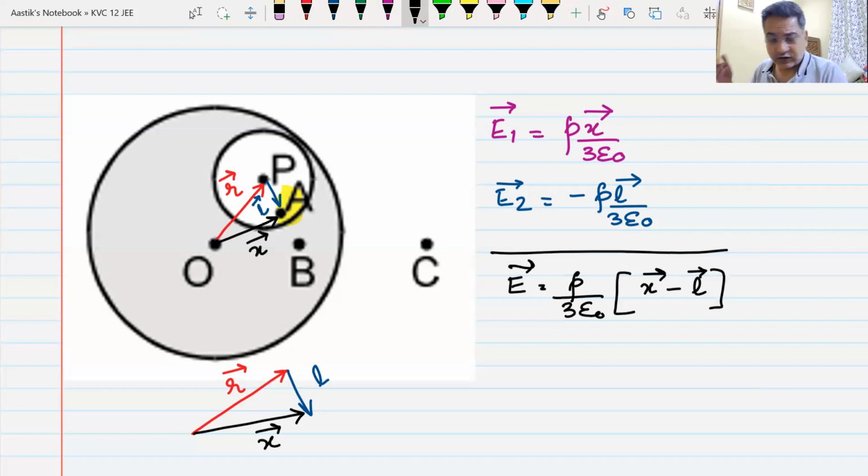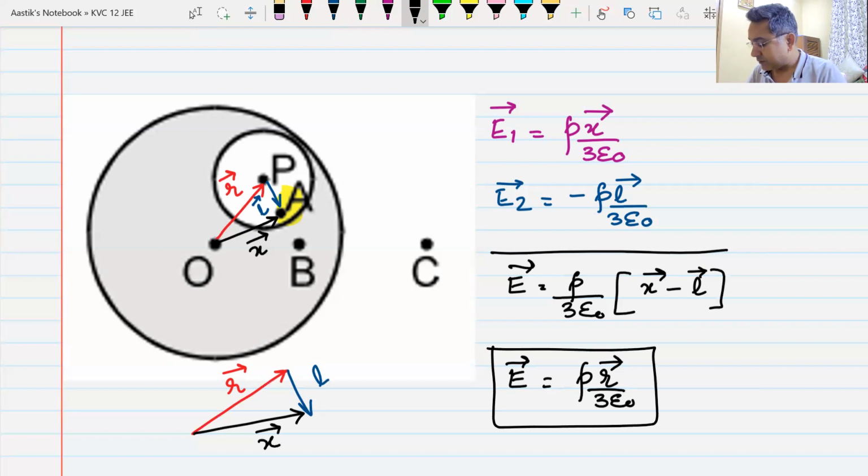It is the triangle law of vector addition. So your E vector becomes rho R vector by 3 epsilon naught. And this is an astounding result. Why is it an astounding result? Because this tells us that the electric field at any point A inside the hole does not depend on where the point is.